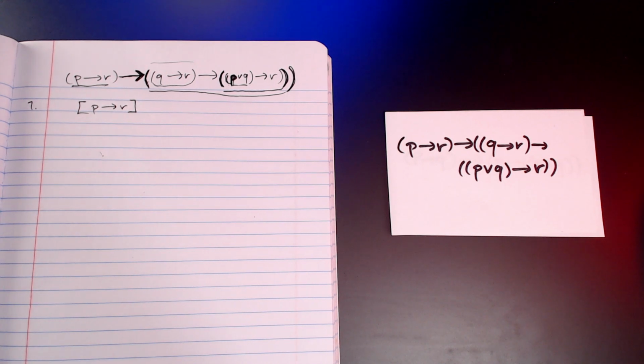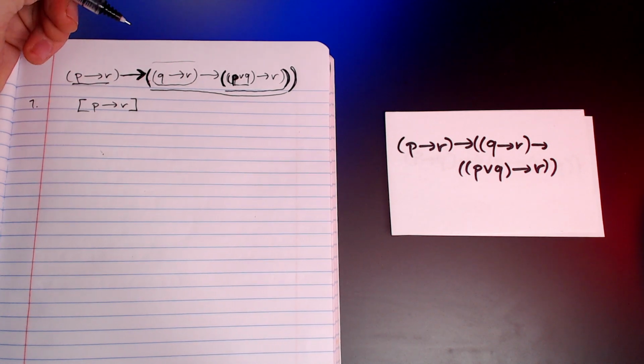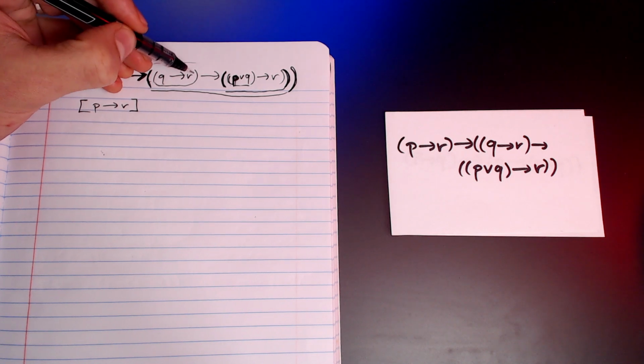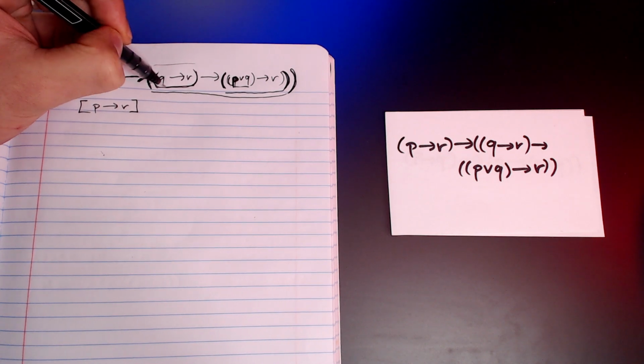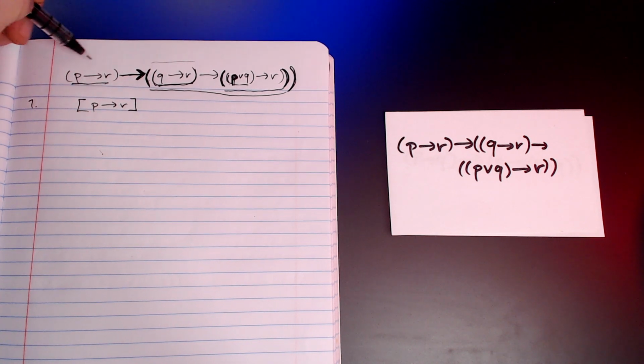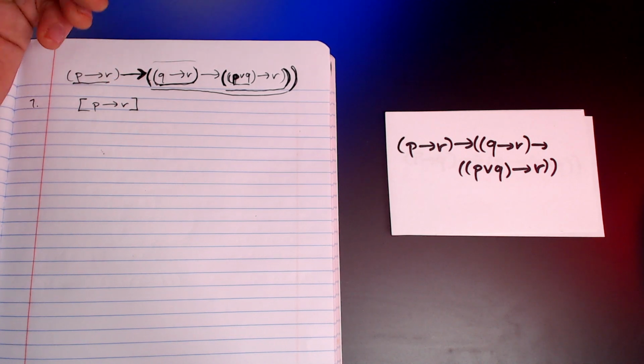In order to get this outer one, we're basically going to do the same thing and assume this one now. So we're always assuming the first part of the conditional statement that we're trying to prove.